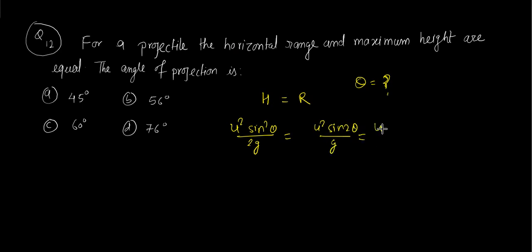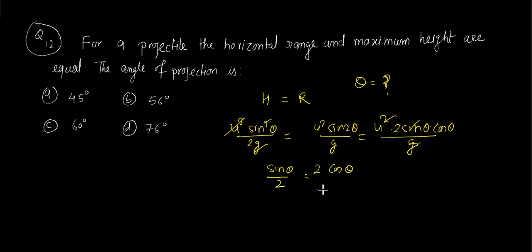It can be written as u squared 2 sine theta cos theta by g, and let us cancel g and g. The remaining terms are sine theta by 2 and 2 cos theta.